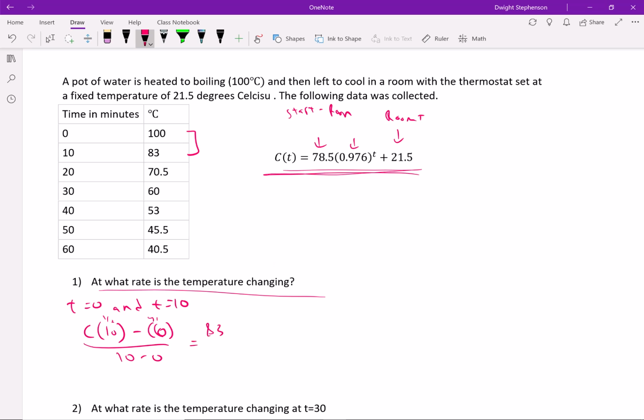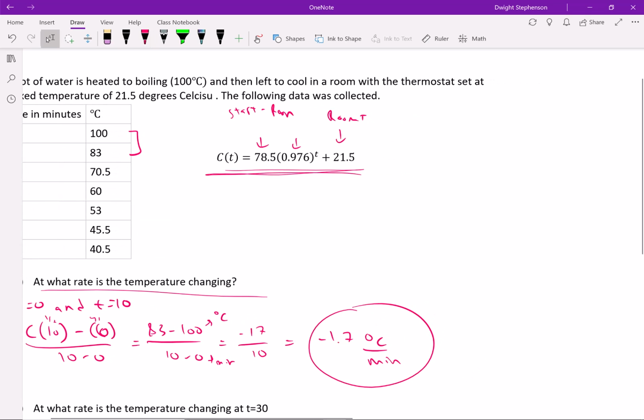In this case, it's 83 minus 100 over 10 minus 0, which is negative 17 over 10, or negative 1.7. Remember your units. These are degrees Celsius and these are minutes. So it's negative 1.7 degrees Celsius per minute, meaning the temperature is going down by 1.7 degrees Celsius every minute.